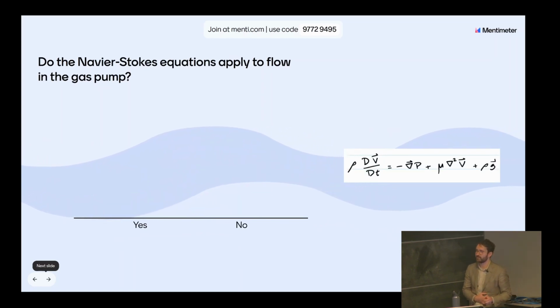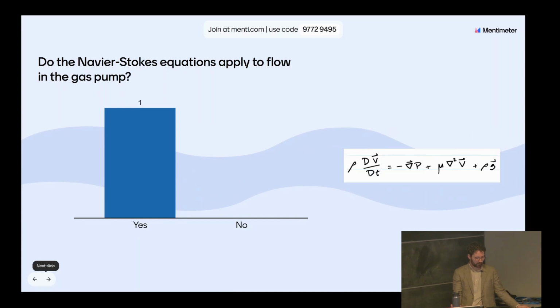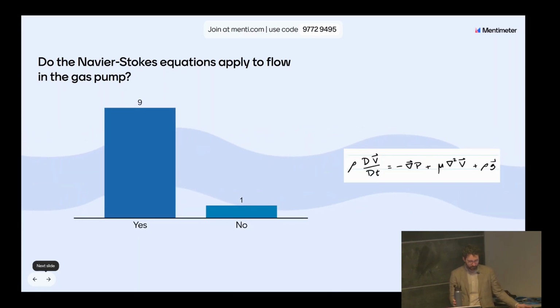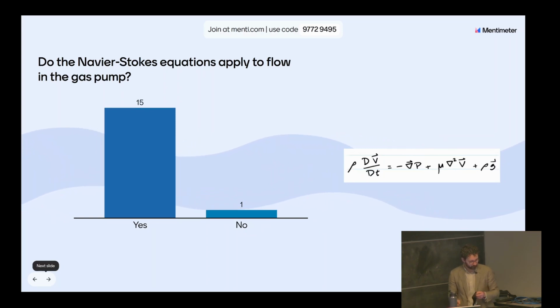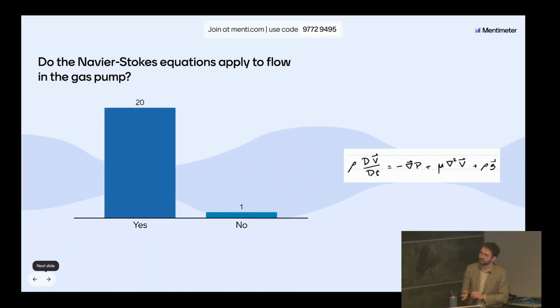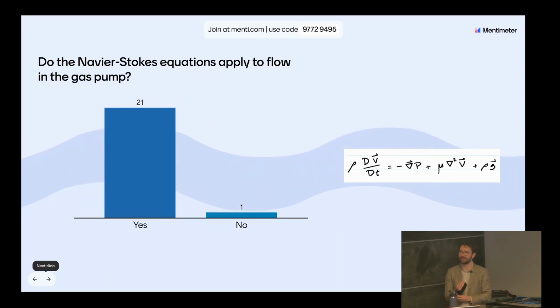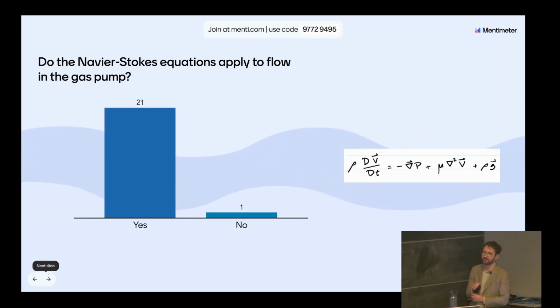How about the Navier-Stokes equation there? Not to single whoever answered no out, but is there a reason that you're very confident about why it doesn't apply to flow in the pipe?